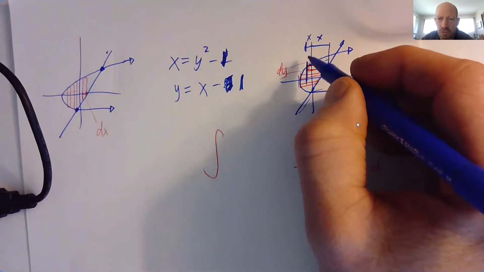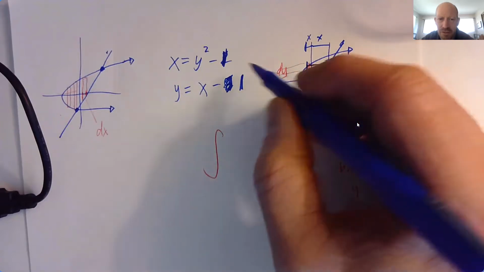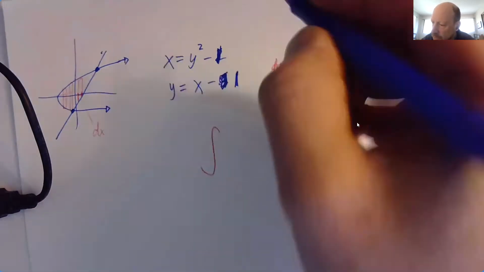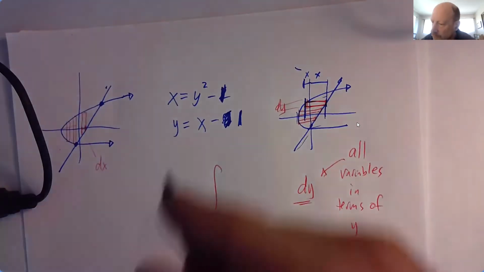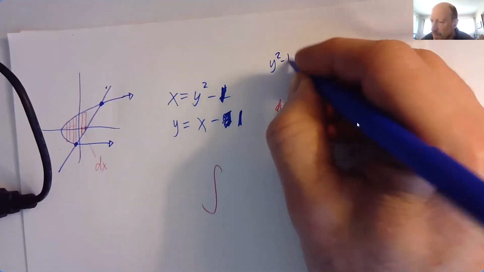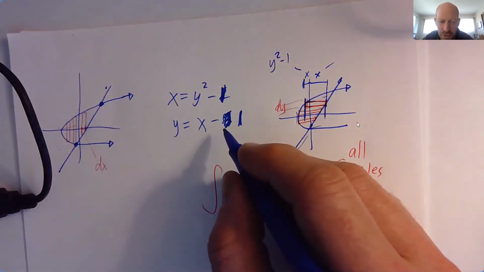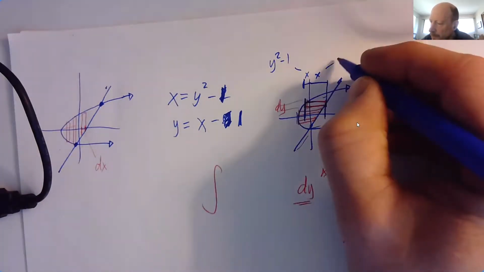So for this back part of the curve, that's actually quite easy. X is y squared minus 1, so this piece here is y squared minus 1. This piece is also quite easy. I just have to add that over: x equals y plus 1.